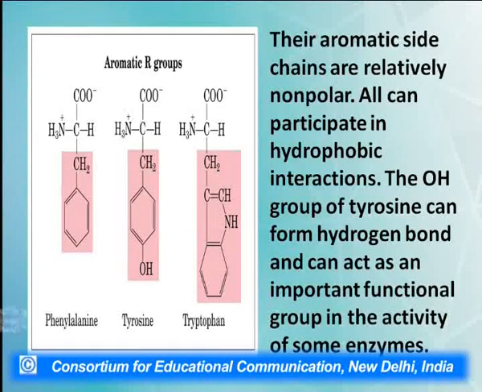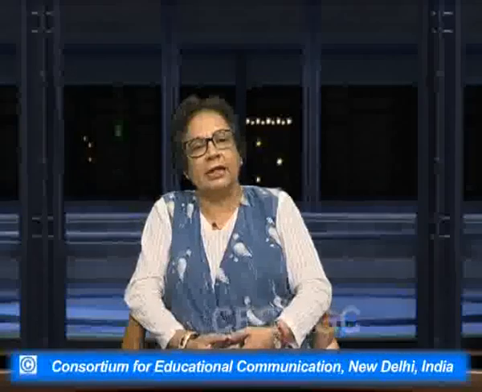And the next aromatic chain that we have is tryptophan, and as I've said, in tryptophan the side chain is aromatic in nature, and it is an indole ring, in which a 6-membered ring is fused to a 5-membered ring. And again, these are relatively non-polar, so they will again participate in hydrophobic interactions.